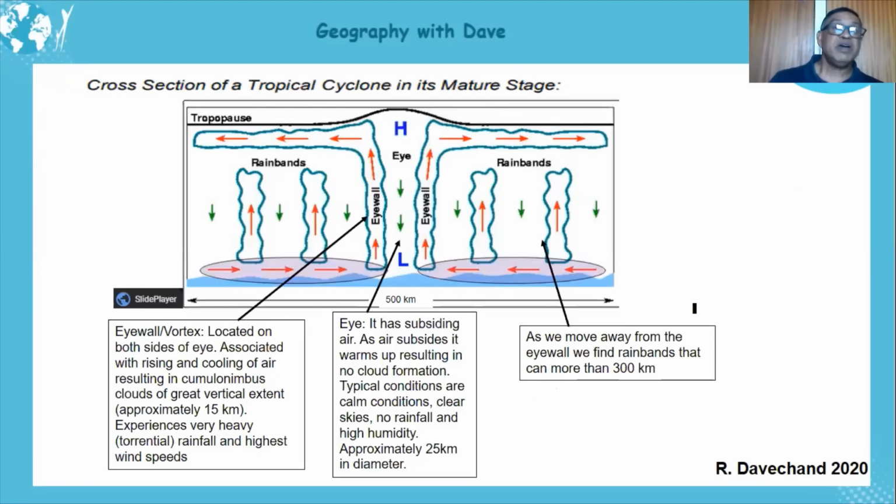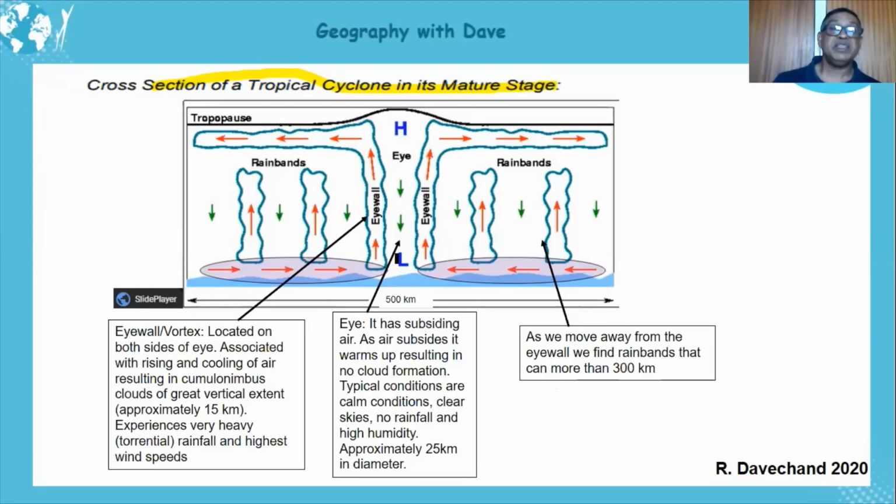Now let's look at a cross-section of a tropical cyclone in its mature stage. If we look here, this on the sides is known as the eye wall or the vortex. Can you also see the upper air divergence here?